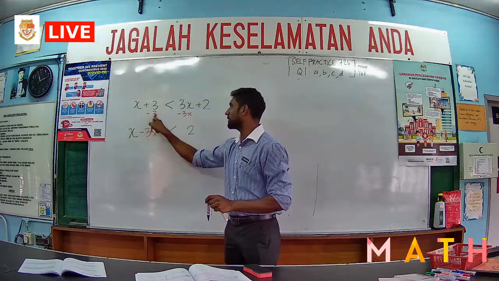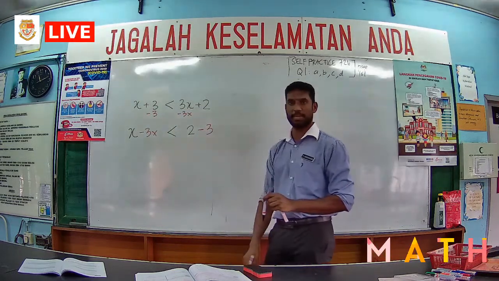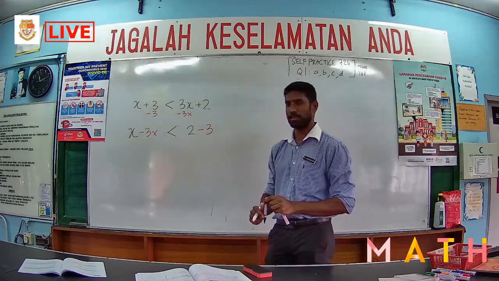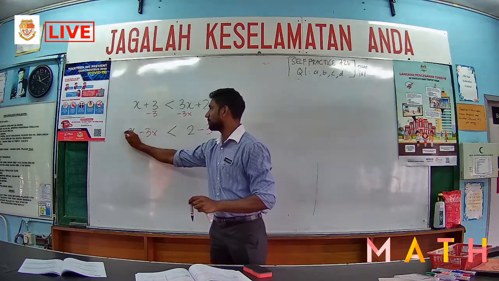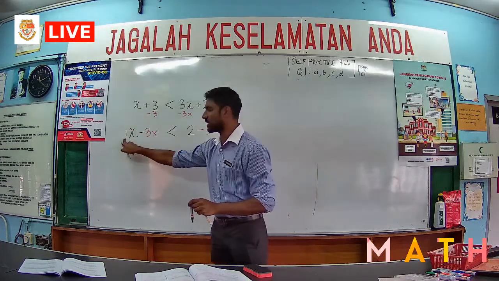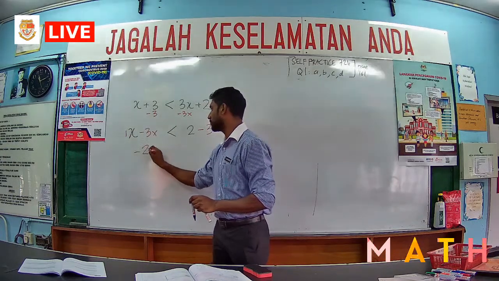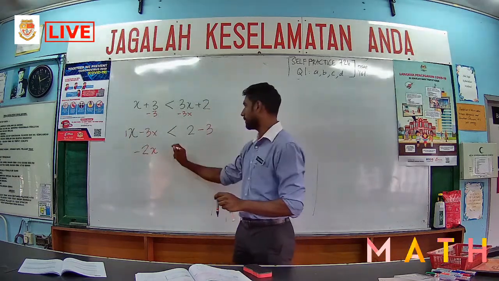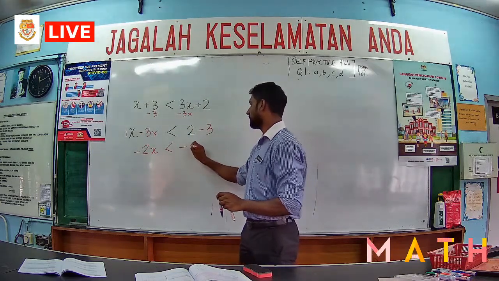So if you put minus 3 here, on the other side you need to put minus 3 as well. Now we check again. x minus 3x. Remember, x has the number 1, so 1 minus 3 is negative 2x, less than 2 minus 3, which is negative 1.